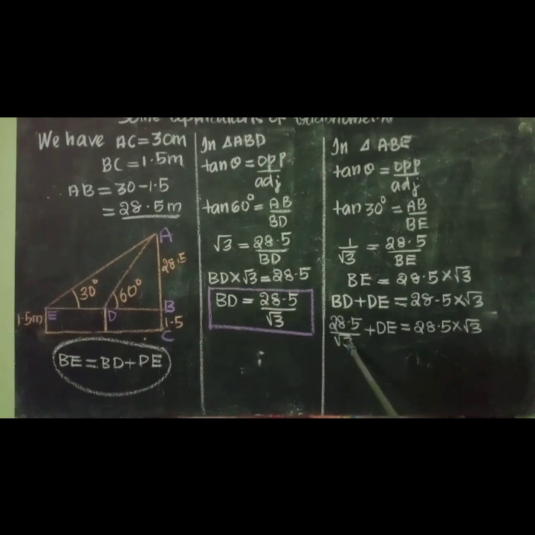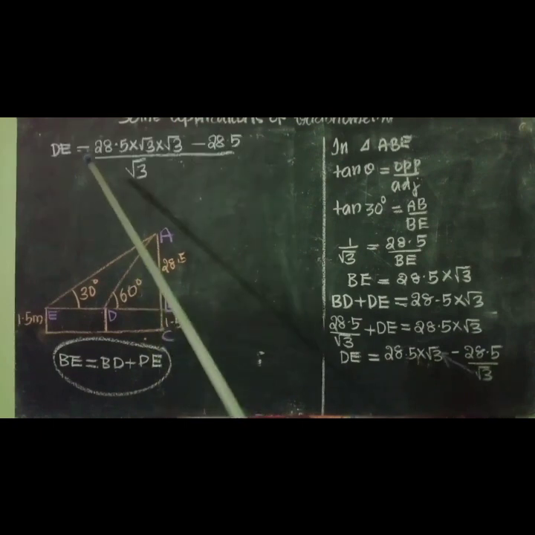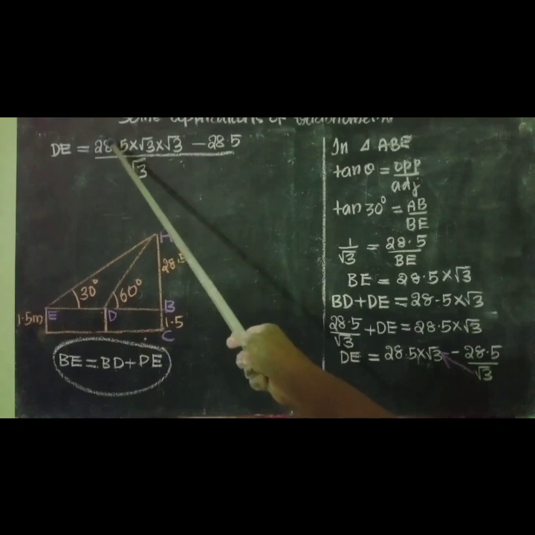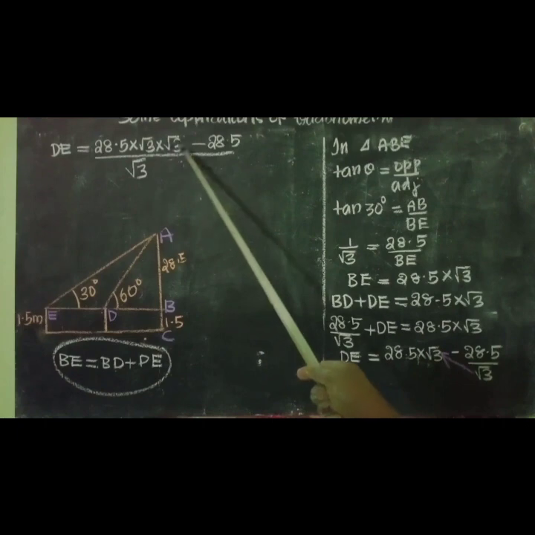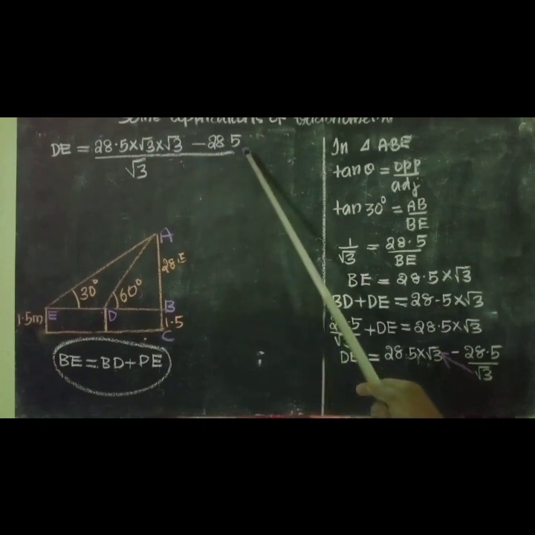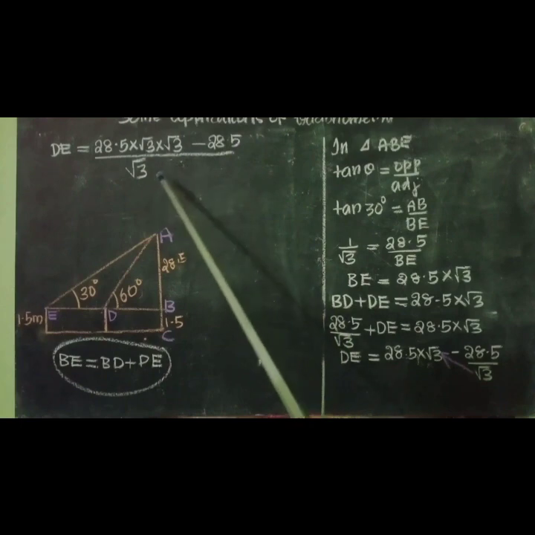Now this 28.5 by root 3 we can move to right side. Now we get DE equal to 28.5 into root 3 minus 28.5 by root 3. Now to do this calculation, let us cross multiply it. We get DE equal to 28.5 into root 3 into root 3 minus 28.5 whole divided by root 3.